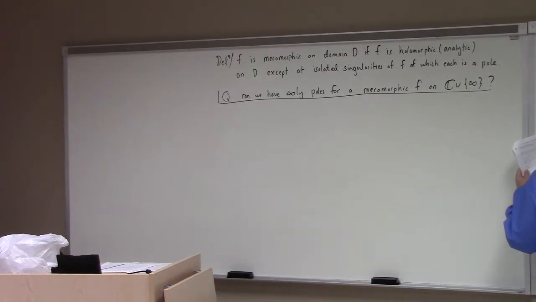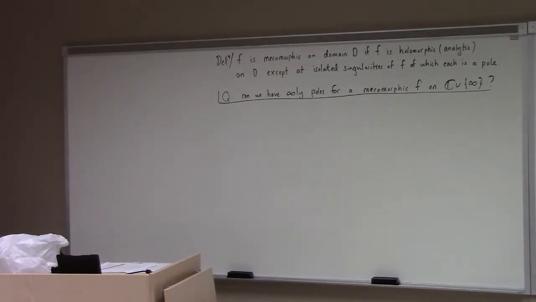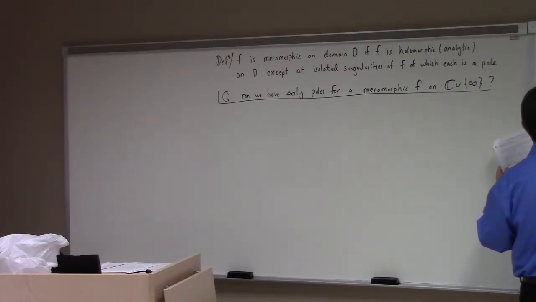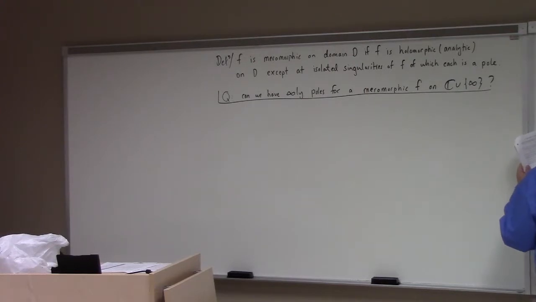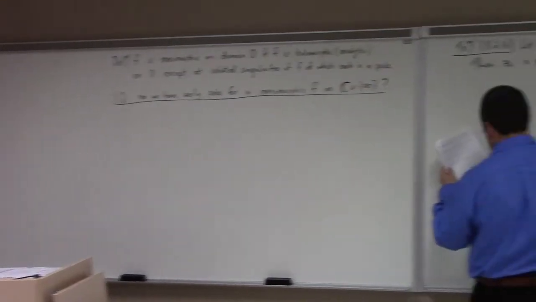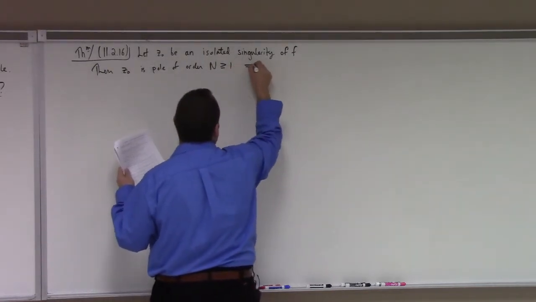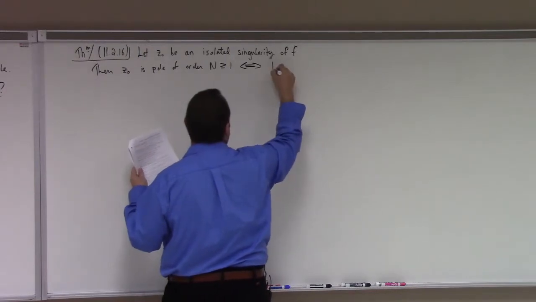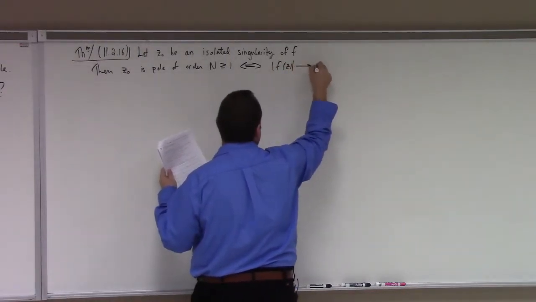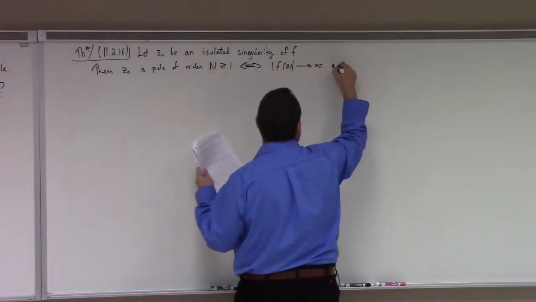Let Z naught be an isolated singularity of F. Then Z naught is a pole of order n greater than or equal to 1 if and only if the modulus of F of Z tends to infinity as Z tends to Z naught.